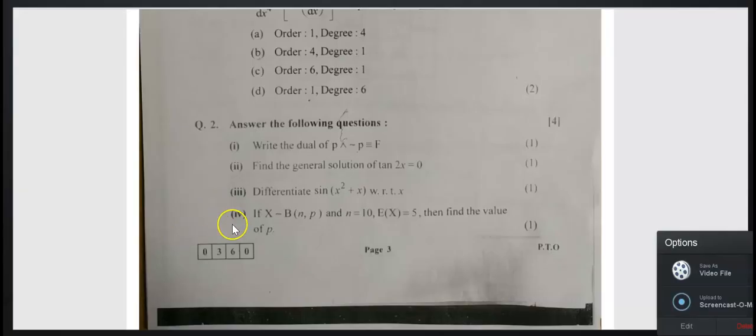Question number 4: if x follows the binomial distribution, n equals 10, and the expected value of x is 5, then find the value of p. Very simple question.